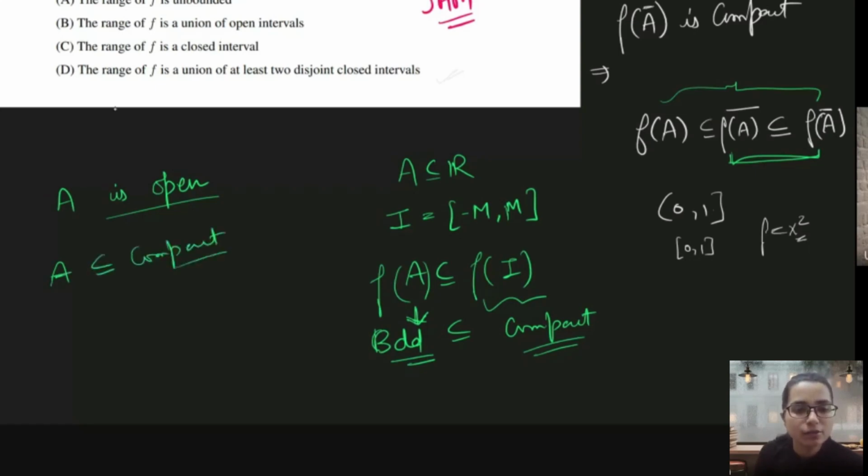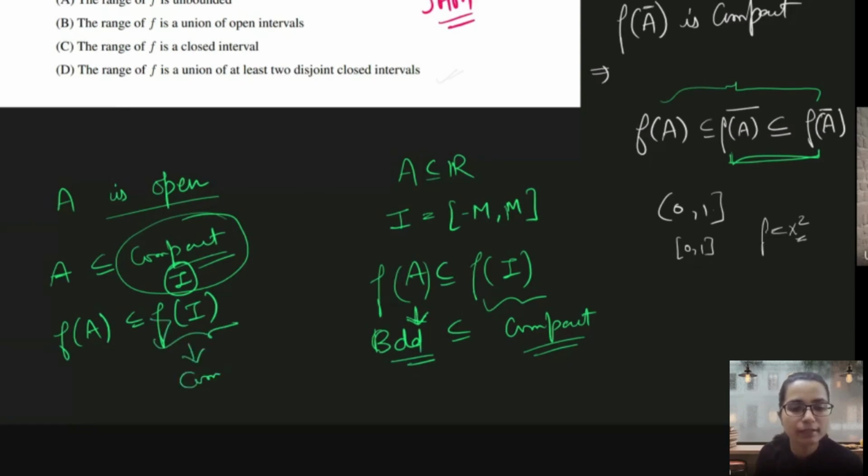If I apply f on this compact set, say I, then f of A will be a subset of f of I. If you apply a continuous function on a compact set, this will be a compact set. A subset of a compact set is not always compact, but it is always bounded. That means f of A will be bounded, because a compact set is always bounded. The subset need not be closed, but it is always bounded.